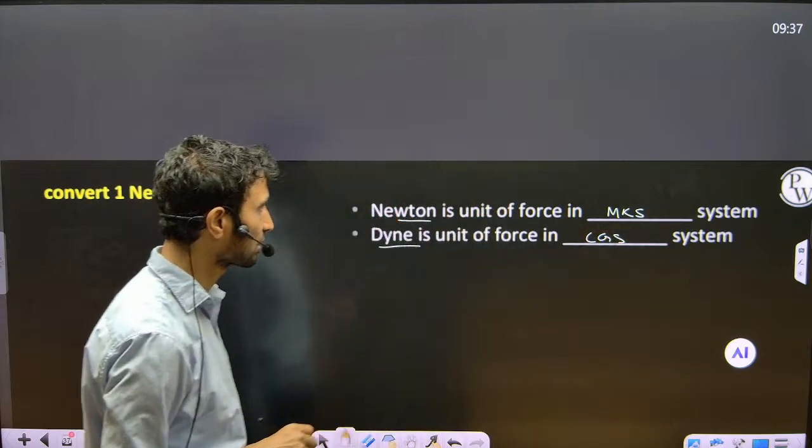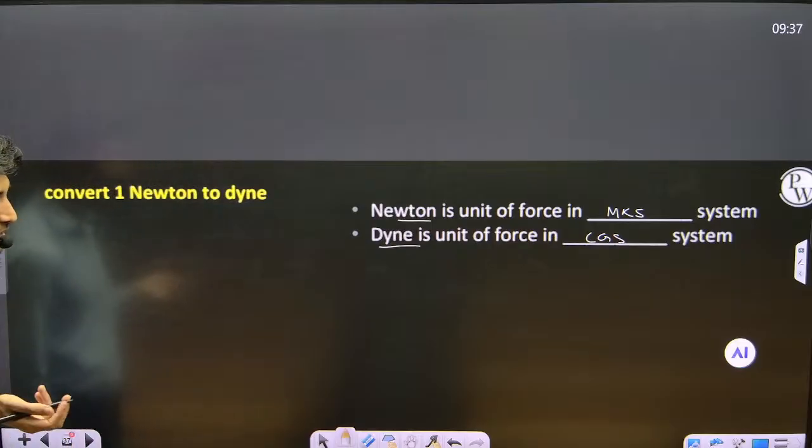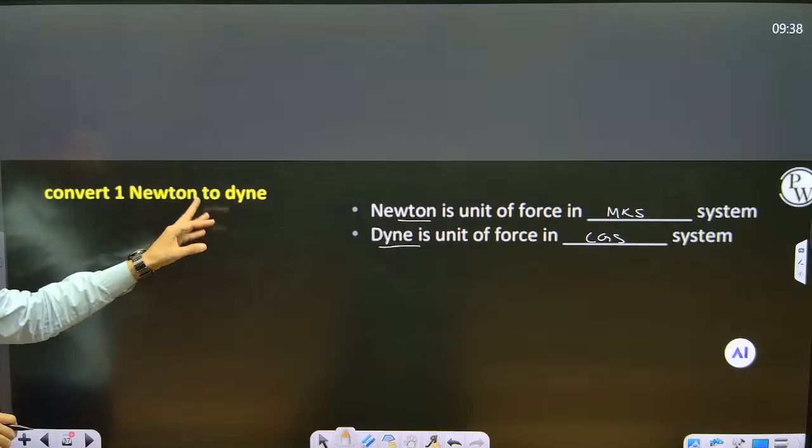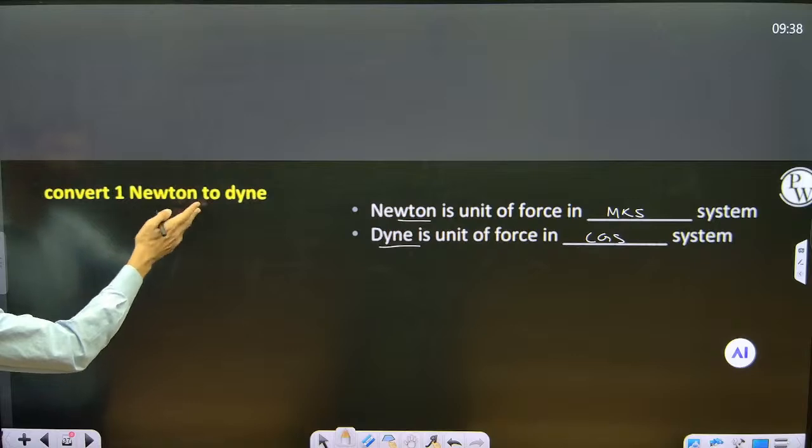That you should know first. One is a unit of force in MKS, the other is in CGS. So we have to convert 1 Newton to dyne. Now, how much is 1 Newton in terms of dyne?